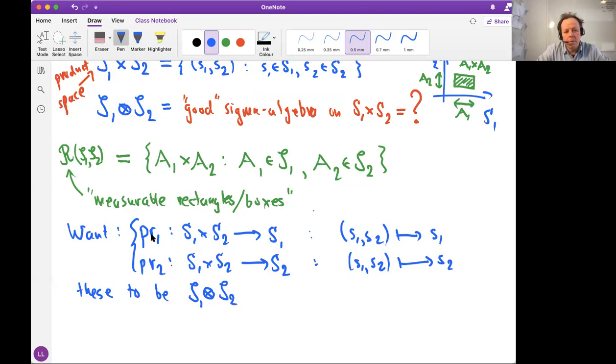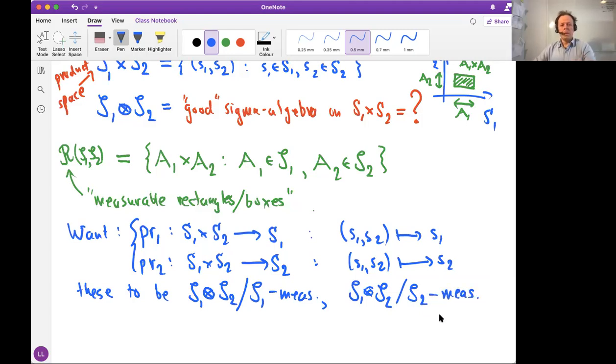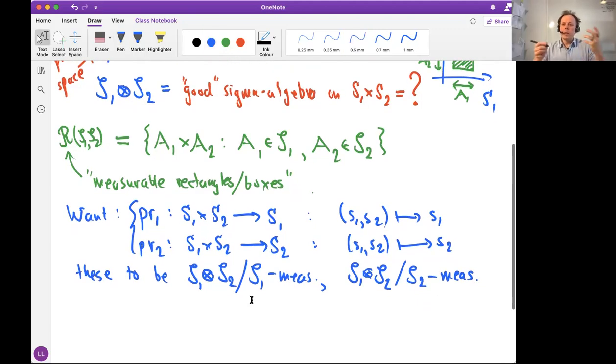So the first coordinate map should be measurable from this product sigma algebra to the first sigma algebra. And the second projection should also be a measurable map, so it should be measurable to the second space. So that should be the minimal requirement of what we want.